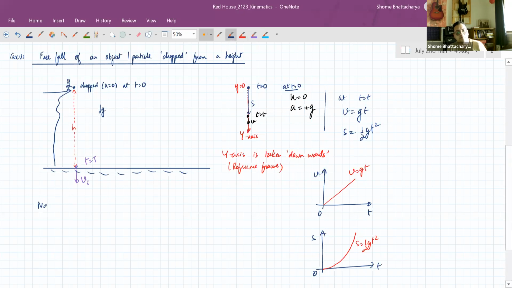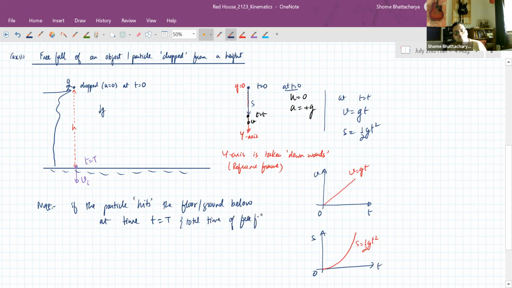So you can also see that if the particle hits the floor below at a time t equal to capital T, this is the total time of the free fall, with an impact speed v equal to vi.